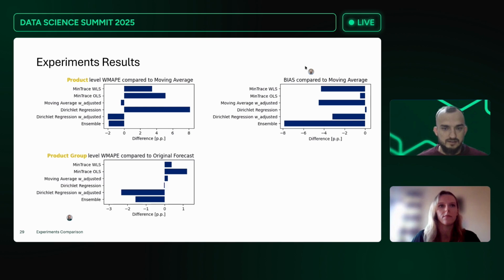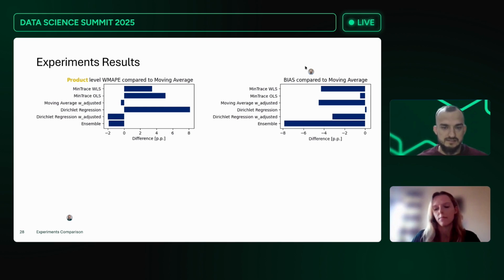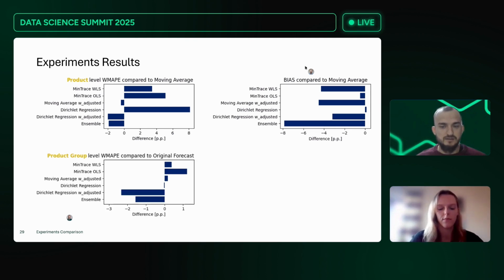And for bias, basically most of the methods give us improvement compared to the moving weights approach. And also we can see an additional benefit of using methods that generate a forecast that is not taking into consideration constraints of summation to 1, and we can aggregate those forecasts back to a higher hierarchy and compare them with the original forecast we get.